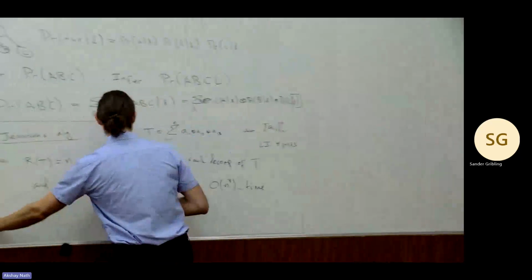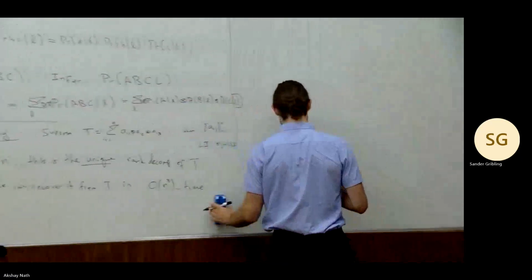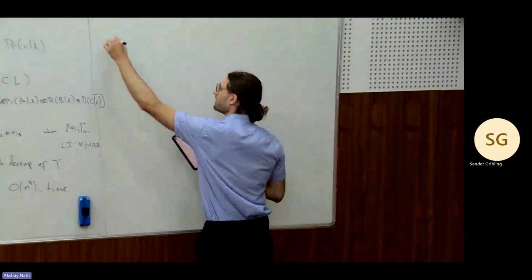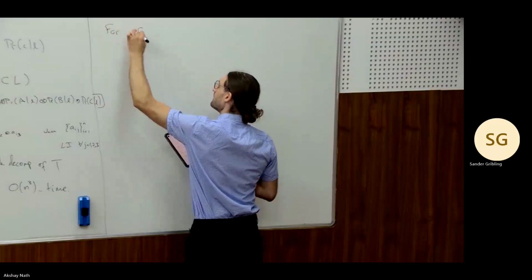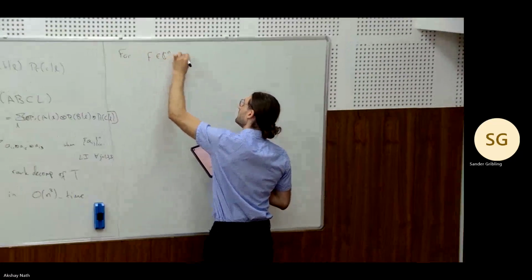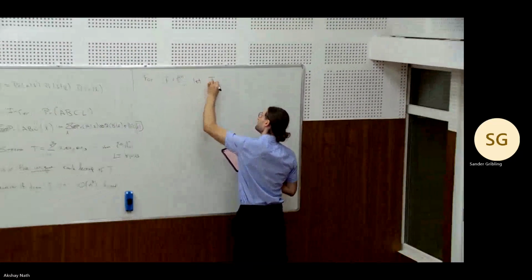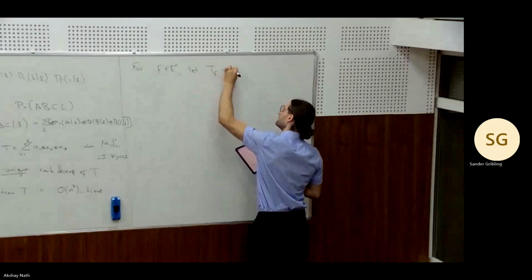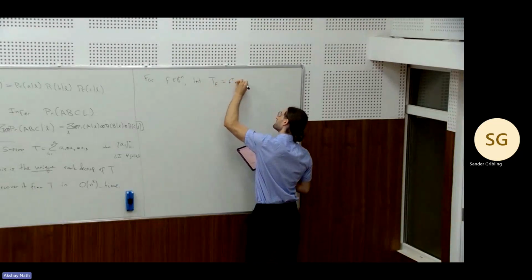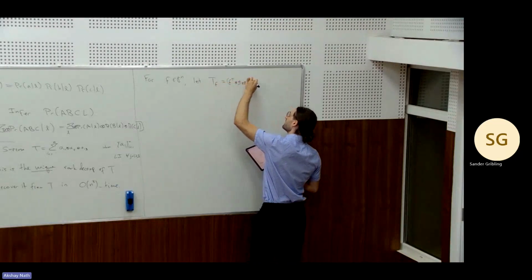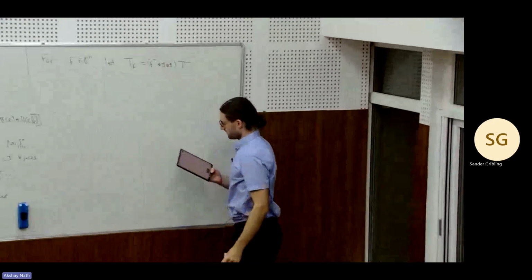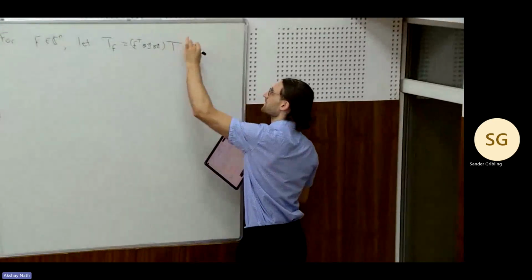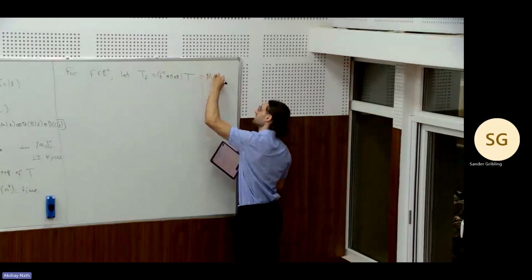So now I'm going to present Jennrich's algorithm. For a vector f in Cn, I'm going to let T_f be the f transpose tensor identity acting on T. I'm going to think of this as a matrix, and I'll explain what all this means.